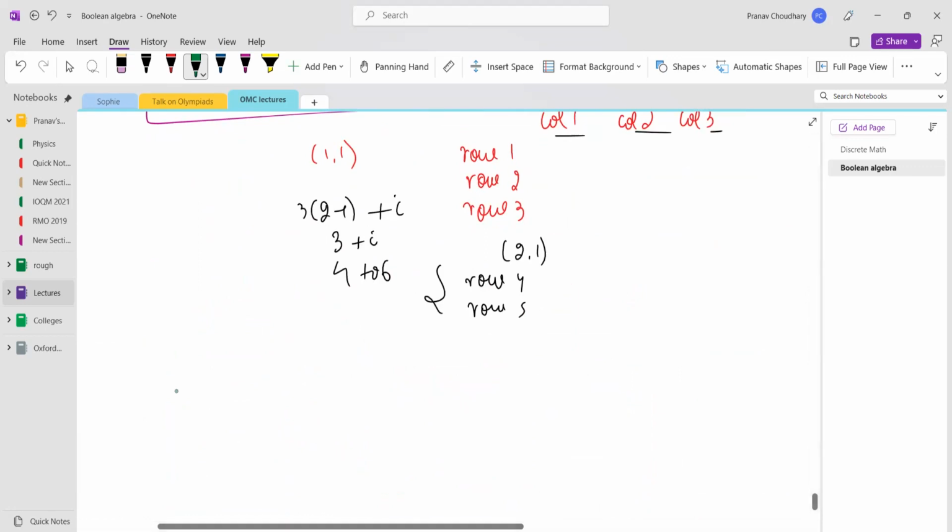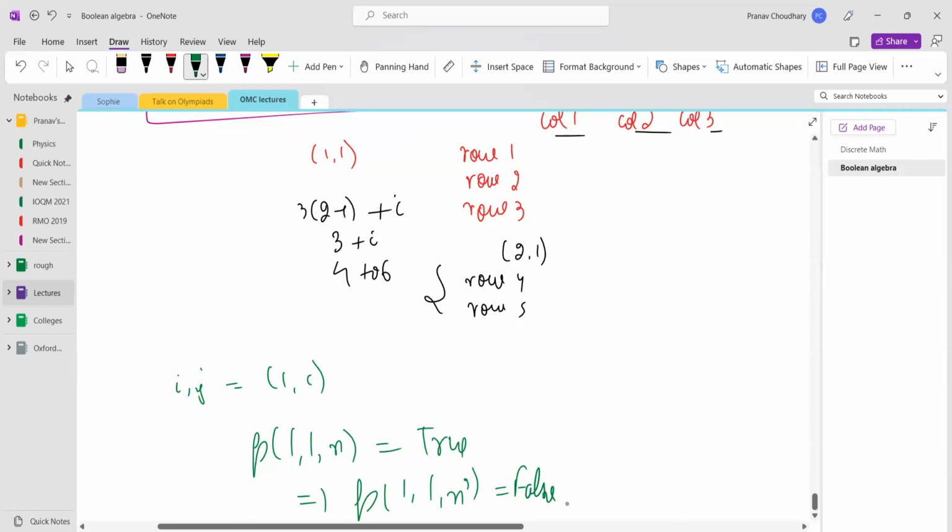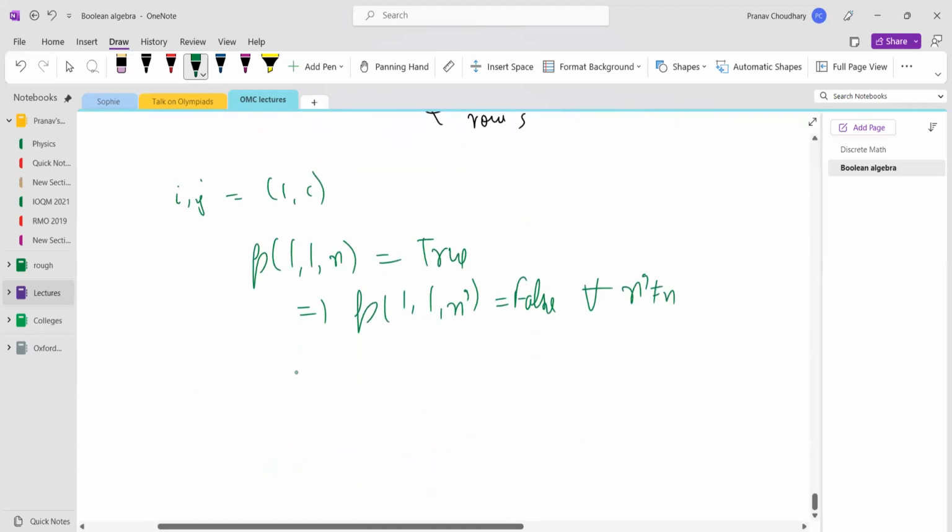each cell has exactly one number, which means that let's fix I and j to, let's say, 1, comma 1 for now. So if P1, 1, n is true, this implies P1, 1, n dash is false for all n dash not equal to n, right? Yes, sir.